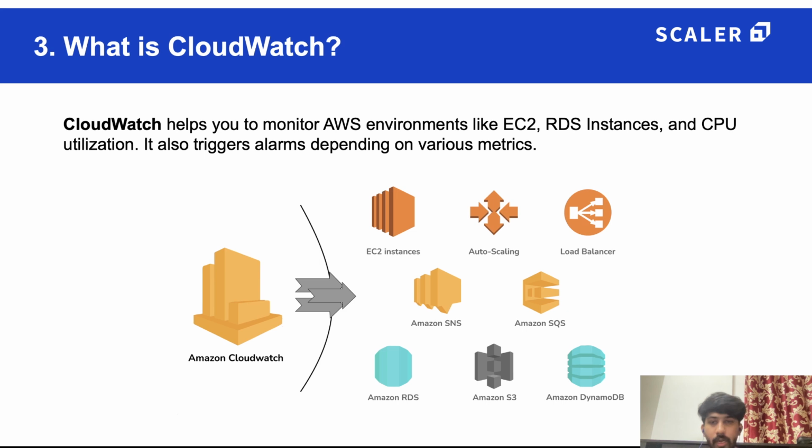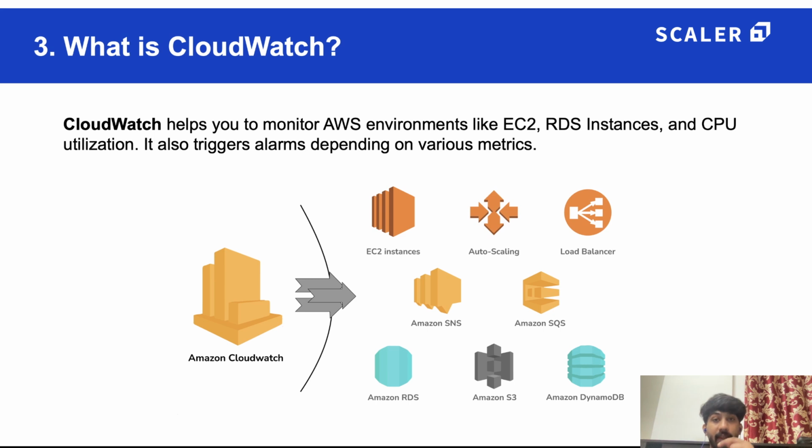And one more thing which is called alarms here. Alarms is basically a feature built into CloudWatch. For example, let's say you have one EC2 instance, and whenever the CPU utilization of that EC2 instance goes above 90%, you want another EC2 instance to be created. So in that case, you set up an alarm that will trigger itself when the CPU utilization of that particular instance goes above 90%.